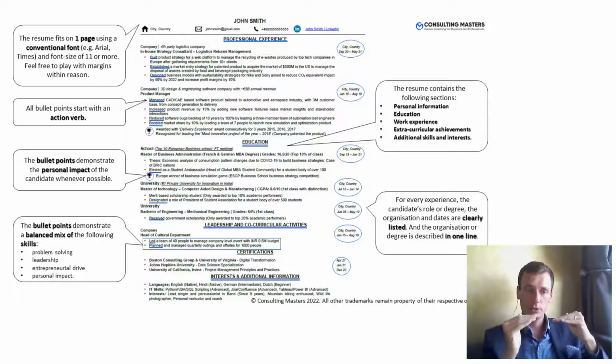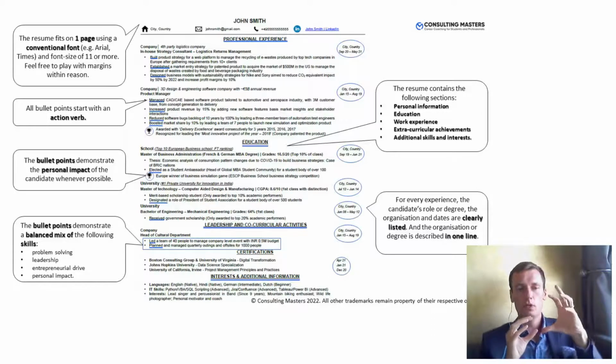Every bullet should be described with an actionable verb, and just make sure that every bullet has quantifiable results, not just the process, but is highlighting the impact the way I have just described this to you in this video, and is also showcasing one of your major skills: analytical, problem solving, entrepreneurial, personal impact, etc.